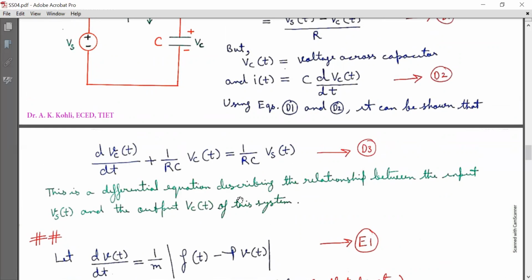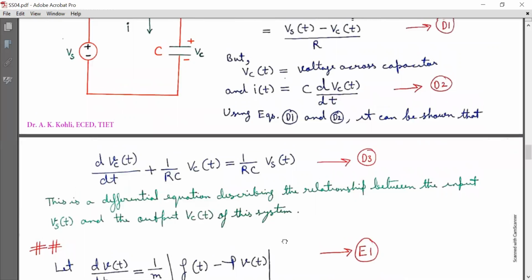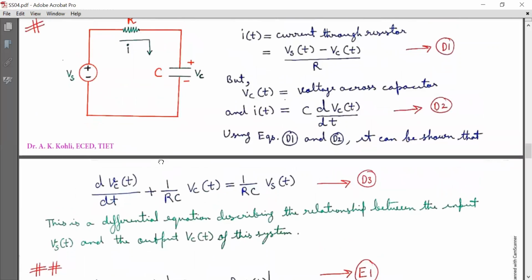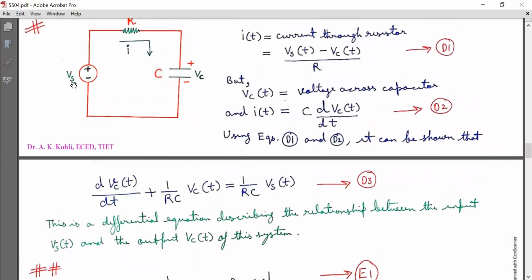This is a differential equation describing the relationship between the input Vs(t) and the output Vc(t) of this system. So this is a system. Here the input is Vs(t), that is the source voltage, and the output is Vc(t), that is the voltage across the capacitor, that is the output of the system.